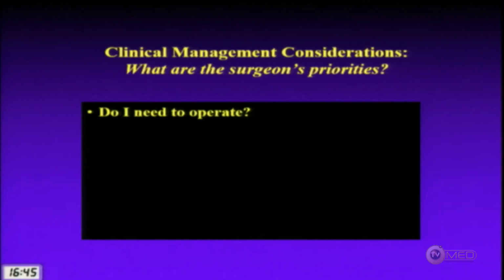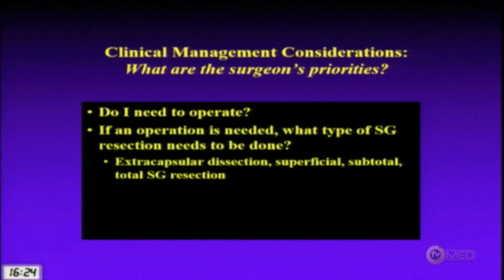The next couple slides I want to show you are from the head and neck surgeon's perspective. This is input from one of our surgeons at the Mass General Hospital. He wants to know, what are the surgeon's priorities? What does he want to know? He wants to know, do I need to perform an operation on this patient that you did the FNA on? If an operation is needed, what type of salivary gland resection needs to be done?